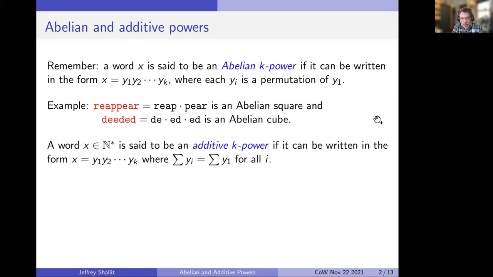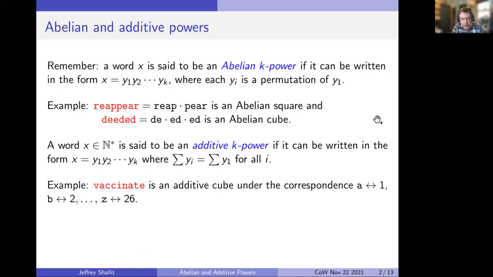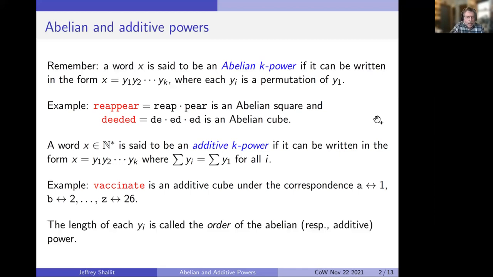So each block has the same length and the same sum. So vaccinate is an example of an additive cube if you say a is equal to 1, b is equal to 2, and so forth. The length of these y_i, which is supposed to be all the same in these cases, is called the order of the abelian or additive power.